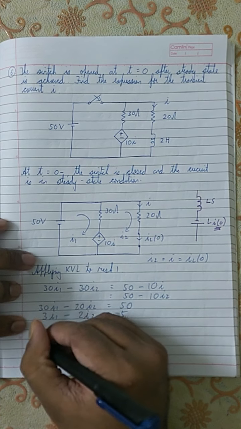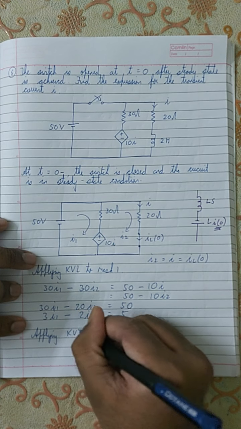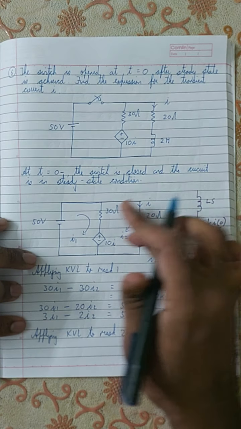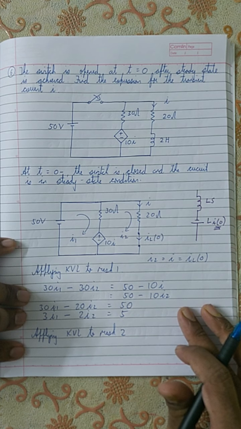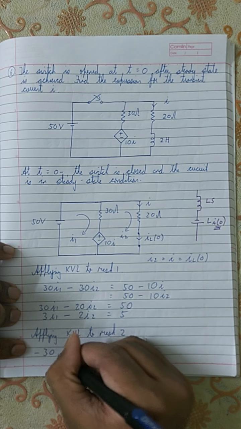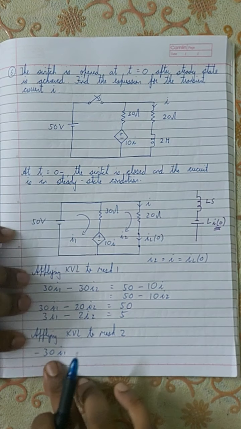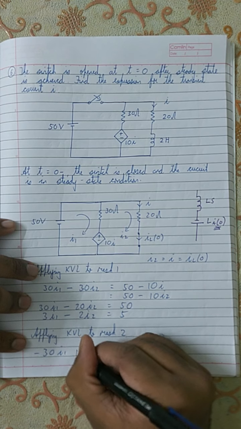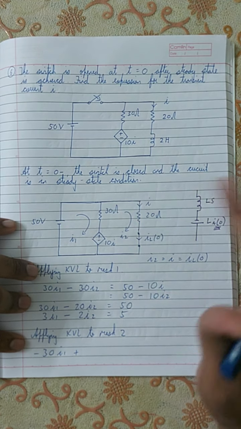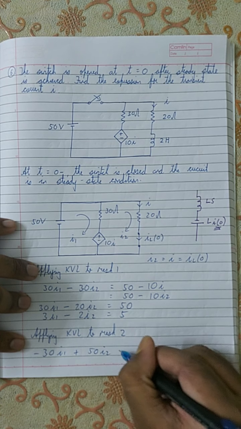Now applying KVL to mesh 2. According to mesh 2, I1 is negative and I2 is positive, so minus 30I1, because in mesh 2 I1 touches only this resistor. And I2 touches this resistor and this resistor, so 30 plus 20 is 50I2.